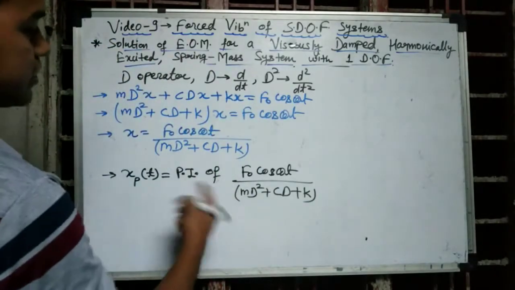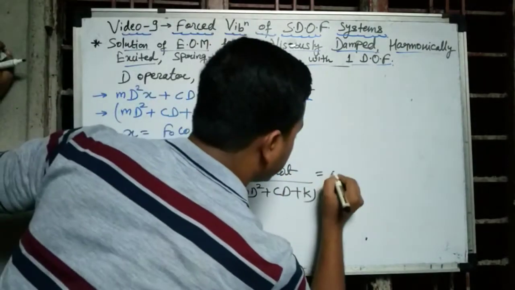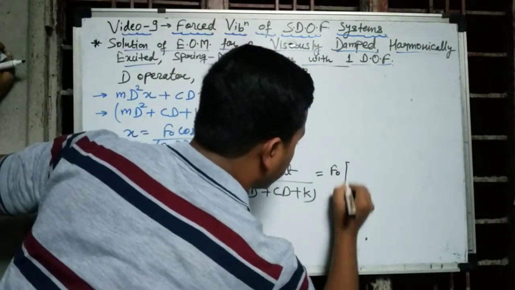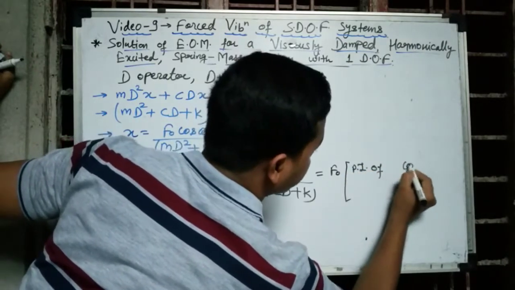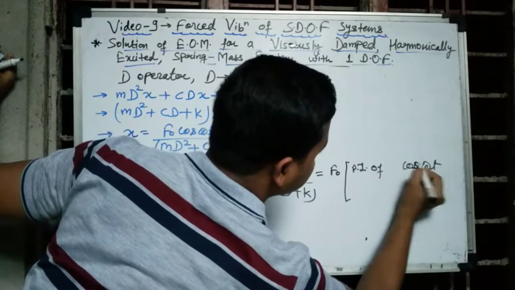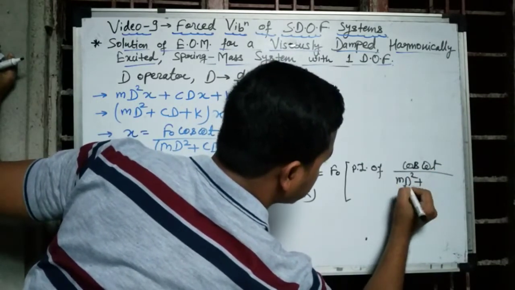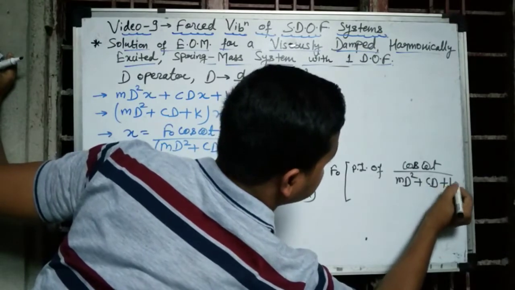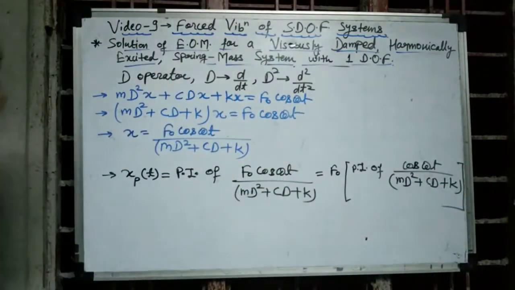Now F naught is a constant, so that should be taken outside. So you can write this to be F naught into PI, the particular integral of what is left inside: cos omega t by (m D square plus c D plus k), right?